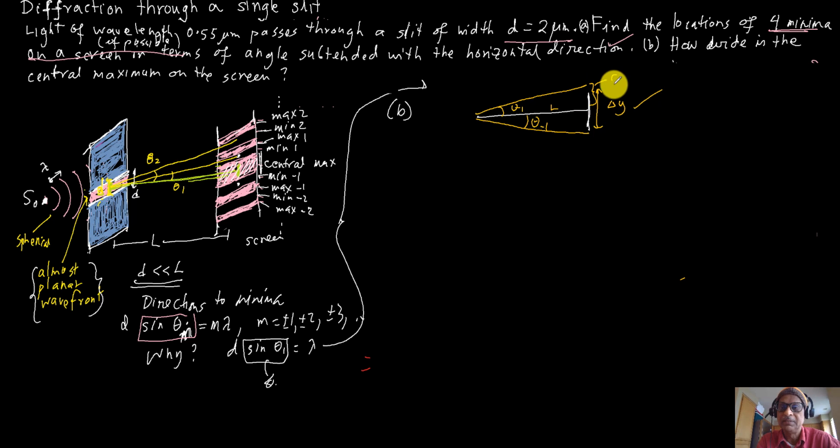Let's see, delta. So delta y is 2 times delta because of symmetry, and so you can see the delta will simply be L times tangent theta 1. Now L is really not given in this problem, so we won't be able to solve this problem for delta y. Let's give you the L.